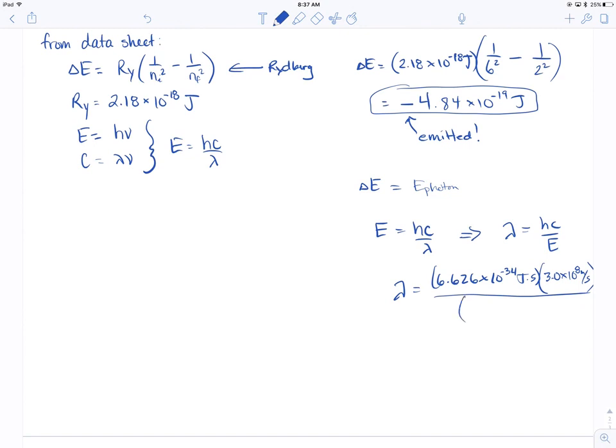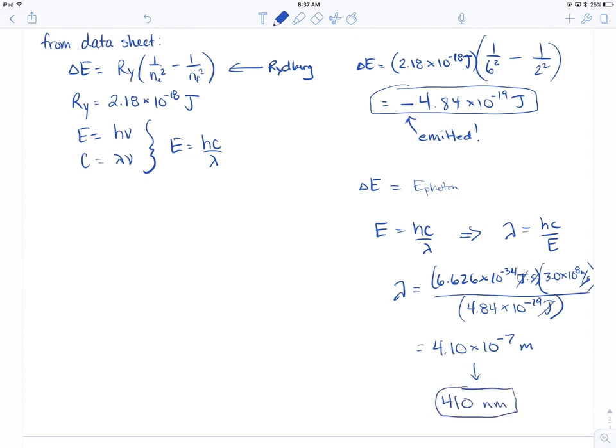The sign of the energy is not important here. We know that wavelength, and if we were even calculating frequency or something, cannot be negative. So we're going to leave that negative sign out. And this calculates to 4.10 times 10 to the negative 7th meters. And if we were going to convert that to nanometers, it would be 410 nanometers.